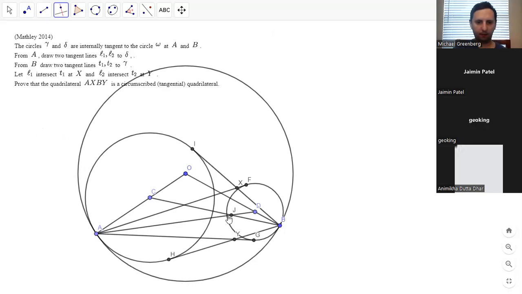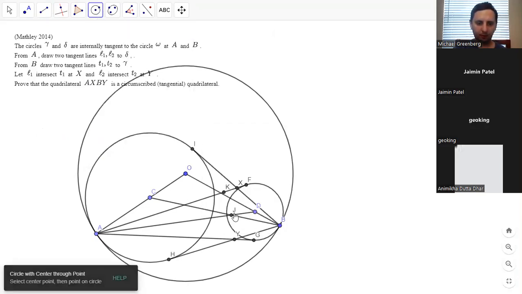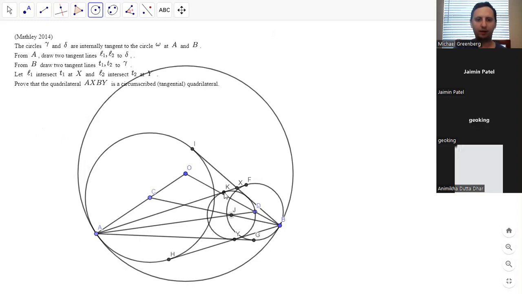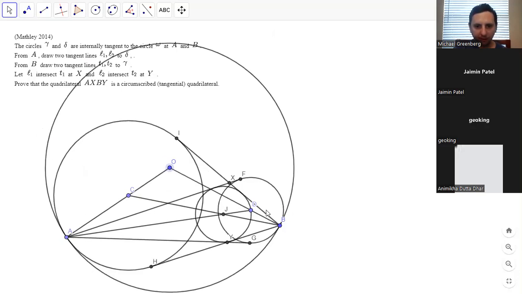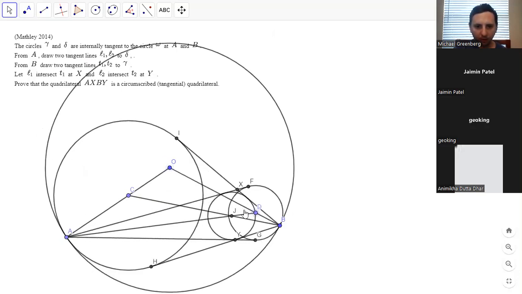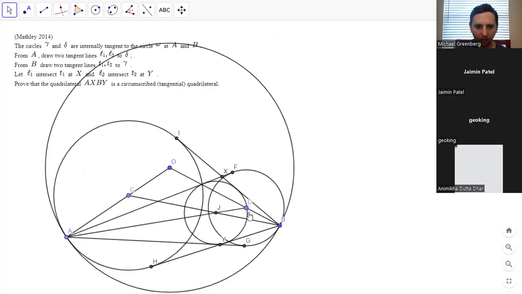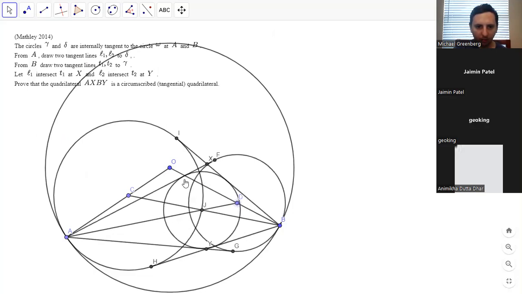So if I take the perpendicular, then basically it's saying this is, yeah. So we want to show that J is the incenter. It almost looks like these concur, but I don't think that's true.